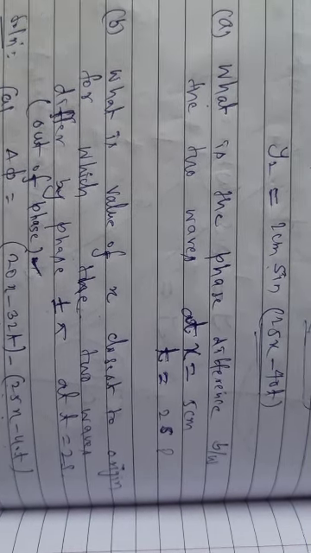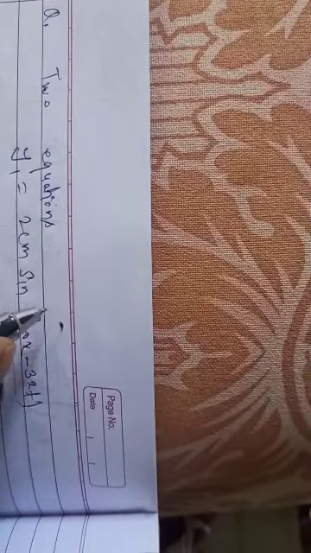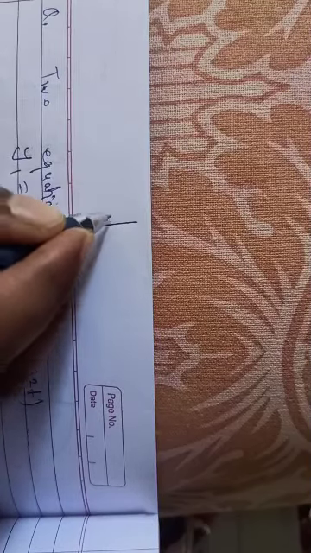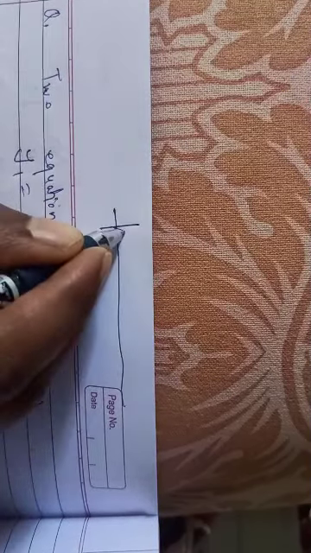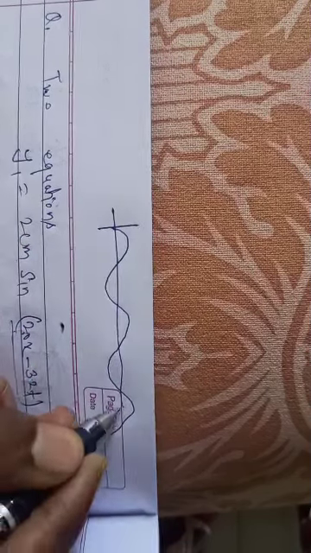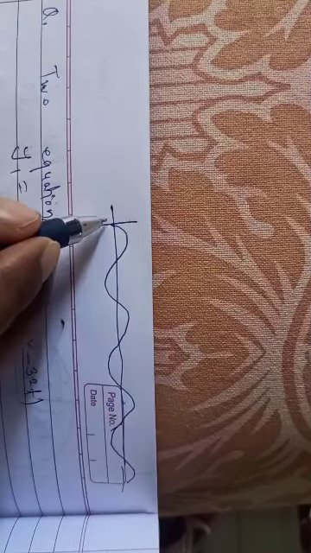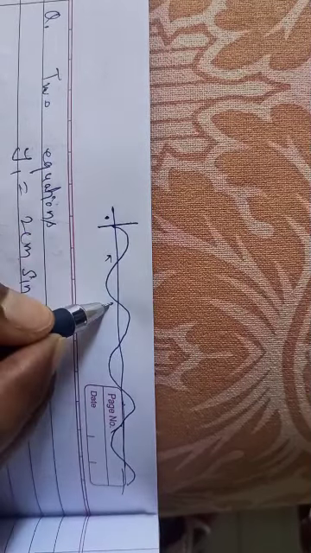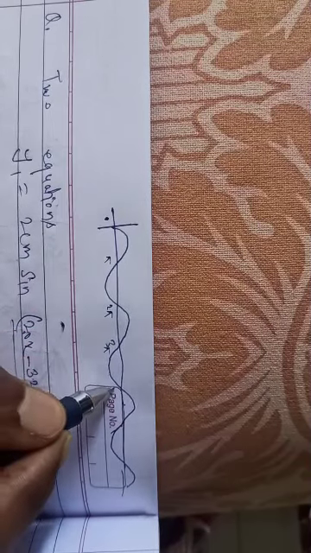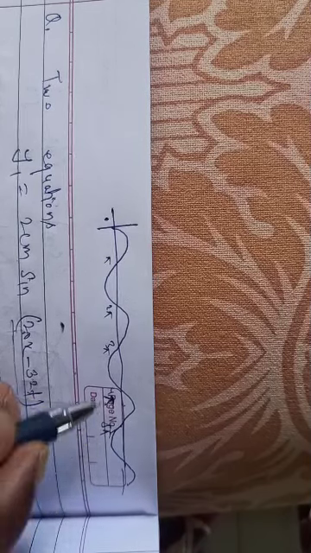So if you are saying pi, what is the phase difference? You can just see, if I am drawing a graph, how often is the graph repeated? So this is 0, pi. In terms of phase, 0, pi, 2 pi, 3 pi, 4 pi, 5 pi.